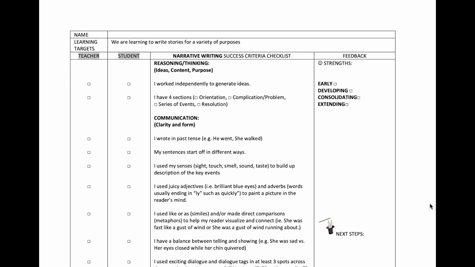Students are reminded prior to writing to review the necessary success criteria. And upon completion, there's a column for them to reflect upon their writing.